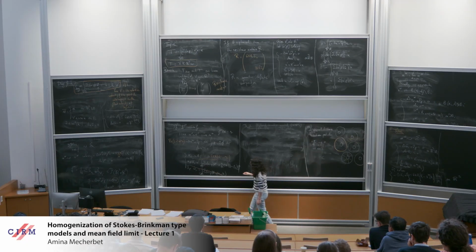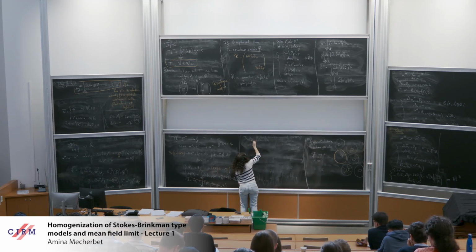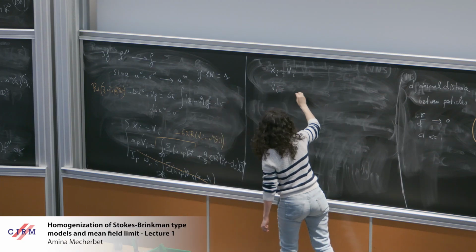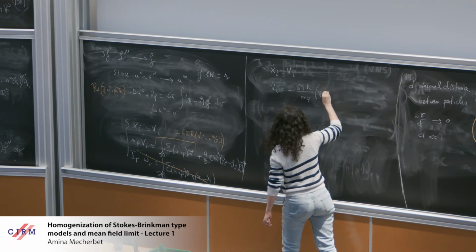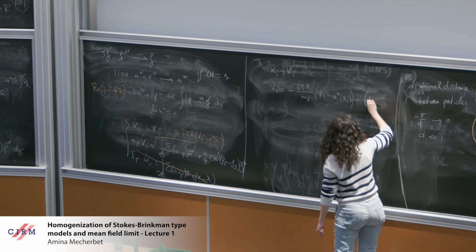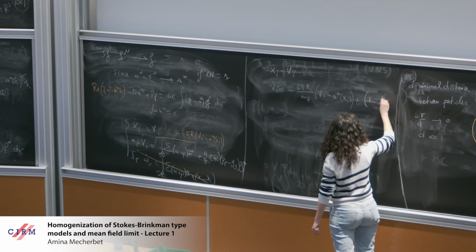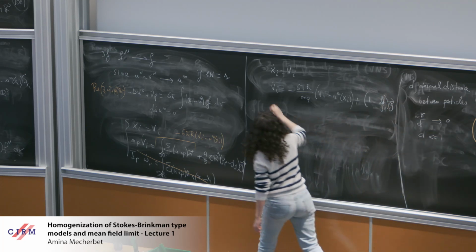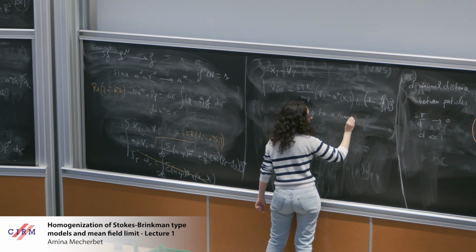So up to a normalization, what you find is that the system of ODEs is something like this. Okay, so you need to take into account a renormalization, but I didn't do it here. You get something like this, but up to a renormalization.